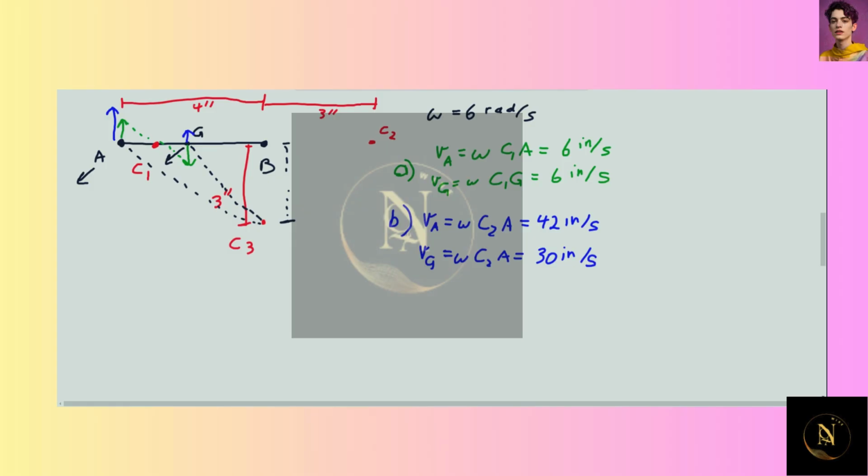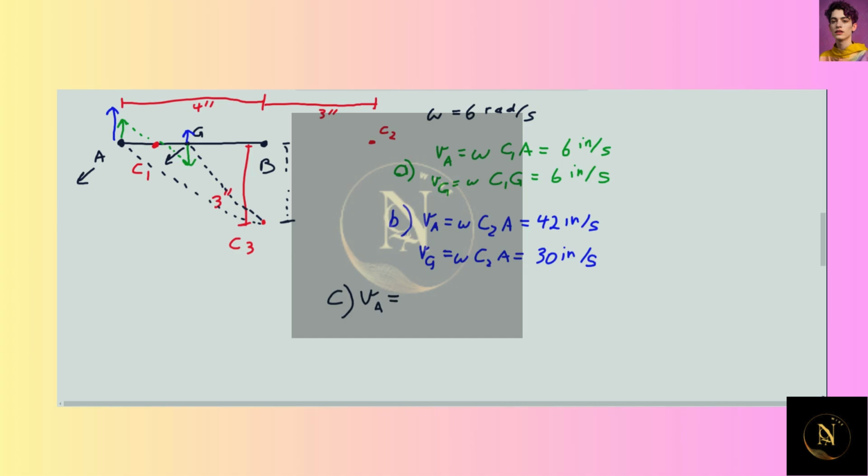Luckily, this is fairly simple with the Pythagorean theorem. We know we have 3 inches up. Over to G, we only have 2 inches going between B and G, and over to A, we have 4 inches. So we can use the Pythagorean theorem to find these distances real quick, and I'm just going to put that straight into our velocity formulas.